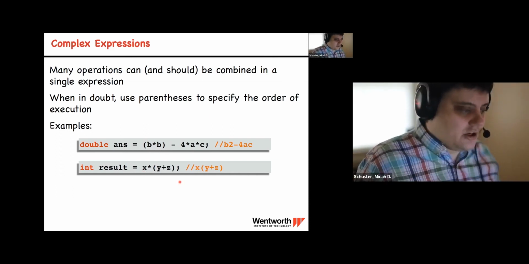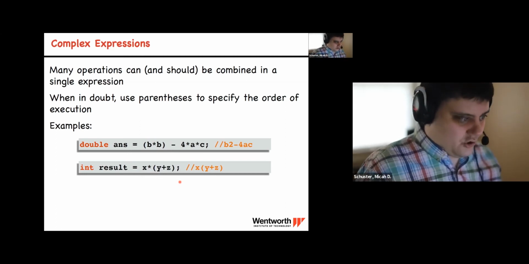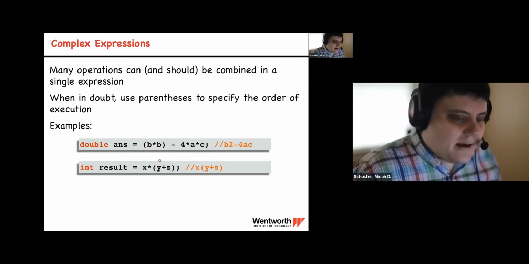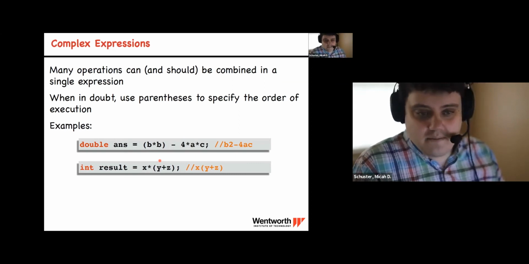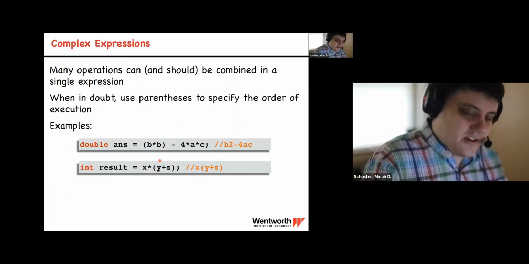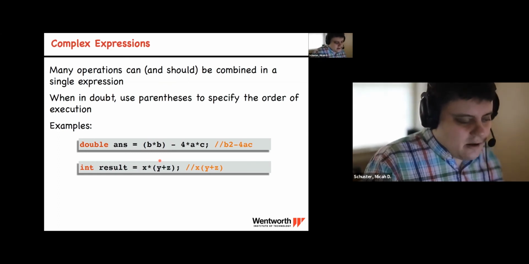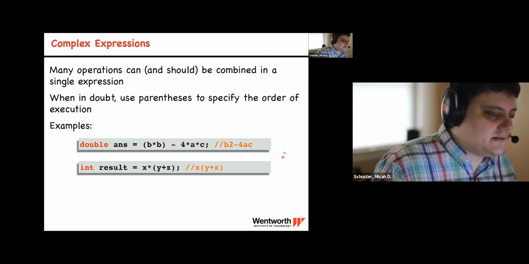So make sure you throw the parentheses in where the result would be totally different if you didn't have them, and if you're in a little bit of doubt, like I'm not sure exactly how this is going to work, throw them in. Later on, you can take them out and test to see if it works with or without the parentheses. But when in doubt, throw them in. Be a little bit more explicit about what your intent is.